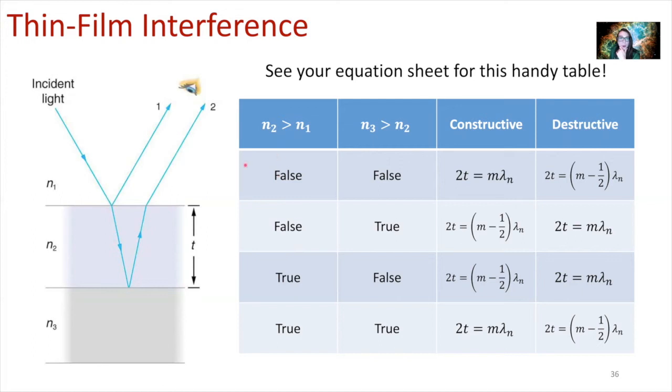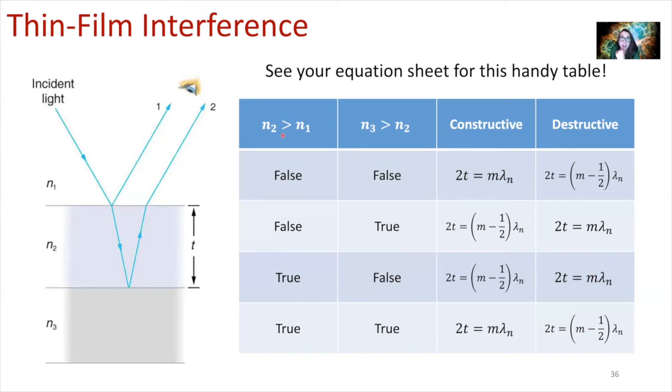Okay, so depending on the problem, I'll tell you what the index of refraction is for N1, for the first material that the light encounters, and then the second material that the light encounters. And N2 is always the index of refraction of your thin film.